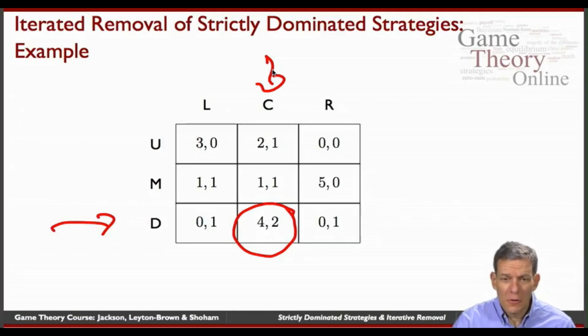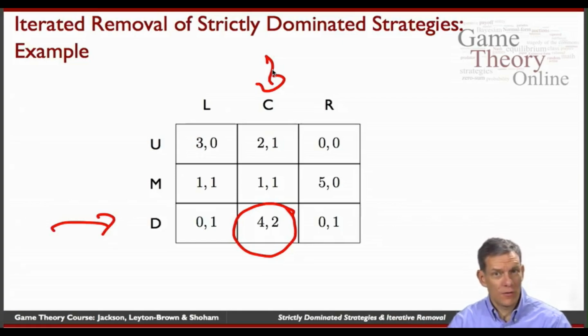Okay, so in fact, if we're looking for a Nash equilibrium, players' strategies have to be best replies, so we know that they could never be playing a strictly dominated strategy. So we can rule those out. You can convince yourself they can't be playing something that's strictly dominated in what's remaining, and so forth.